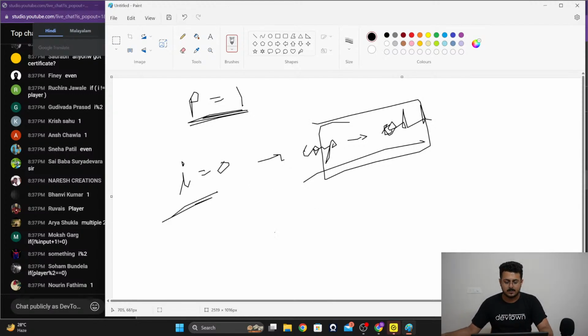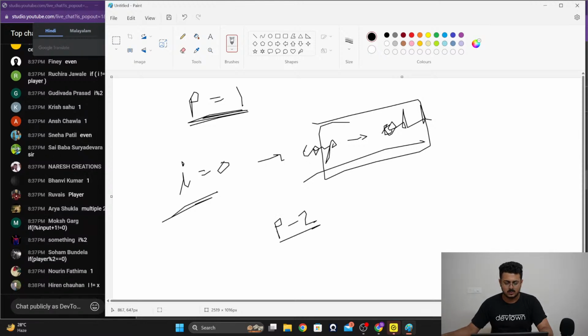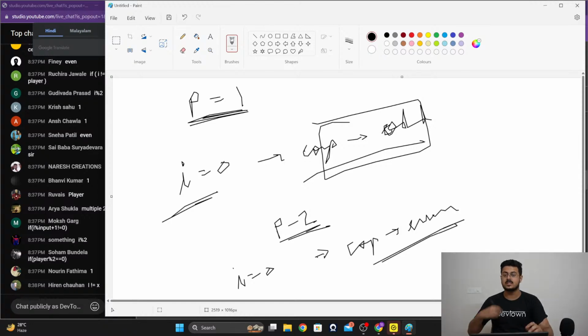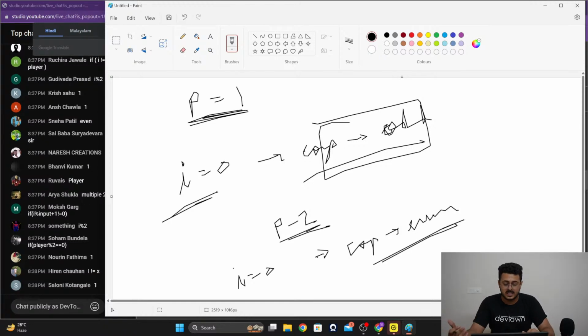Whereas if the player is choosing 2, in that particular case, he is going to go at 1, 3, 5. So he's odd right over there. So at I is equals to 0, it will be the computer's turn. So computer will always be even in this particular case. Computer's turn will always be at the even particular position.